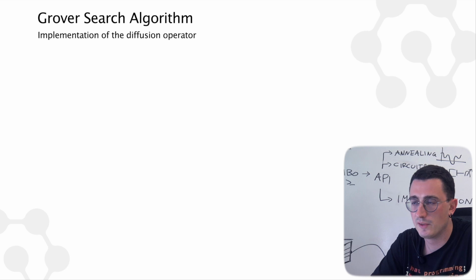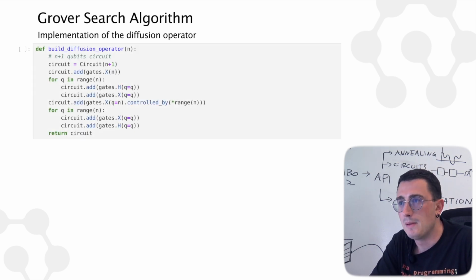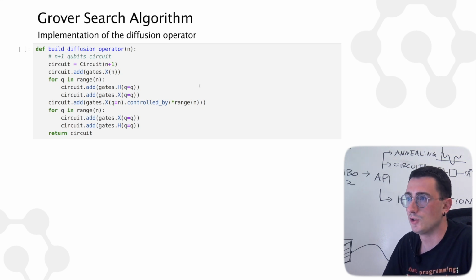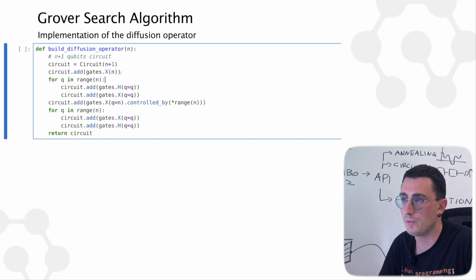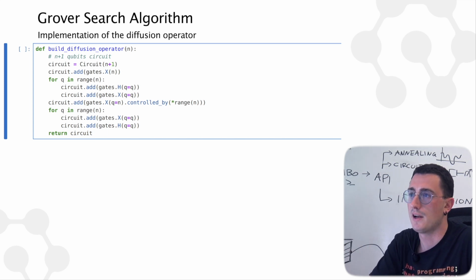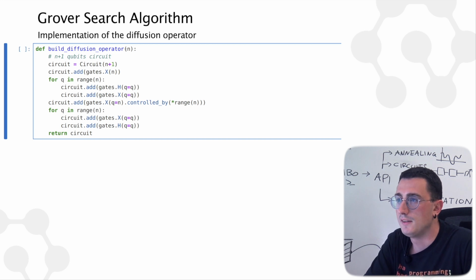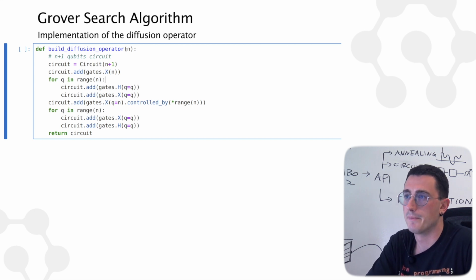Now is the moment of having a look at the code in which we actually implemented the diffusion operator. As you can see from this function here, that's already coded, what we have is a function which takes n as argument, as usual, the number of qubits in the input register.